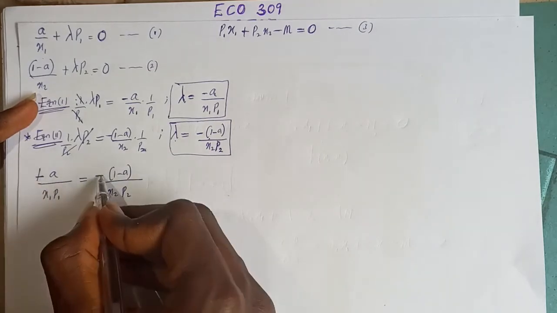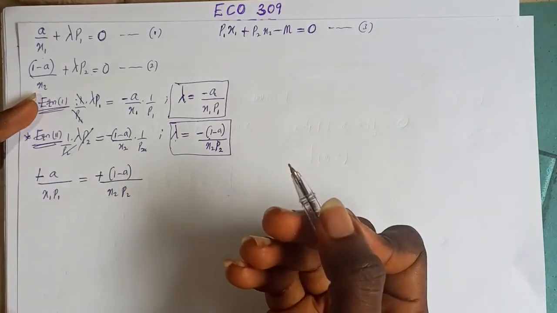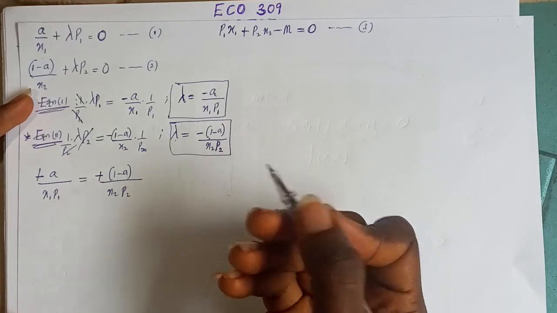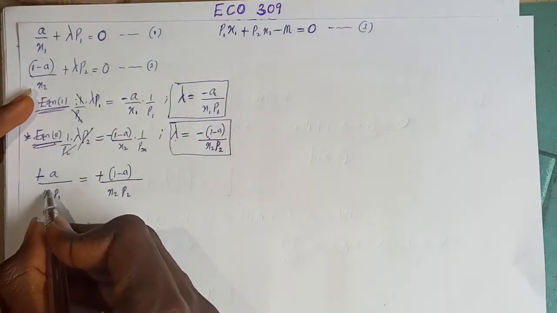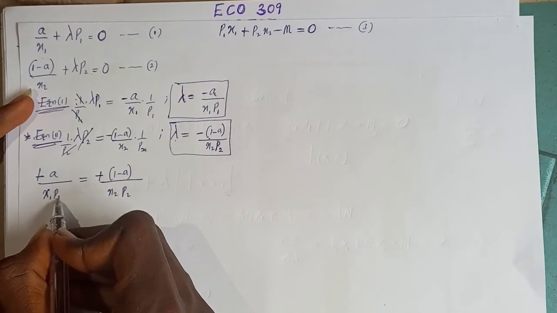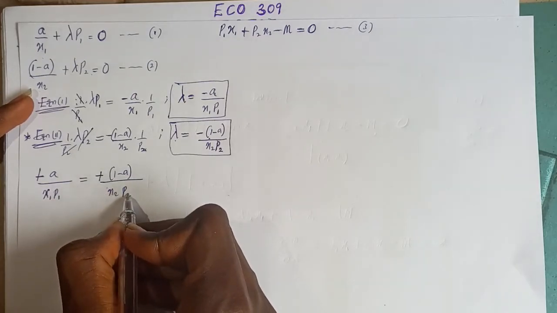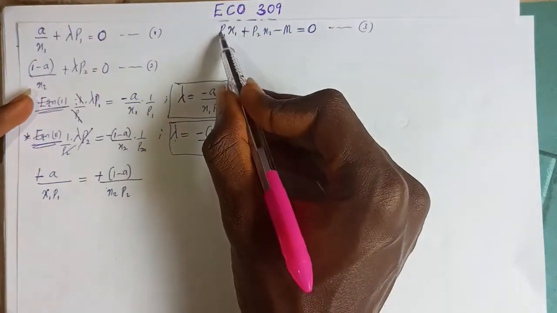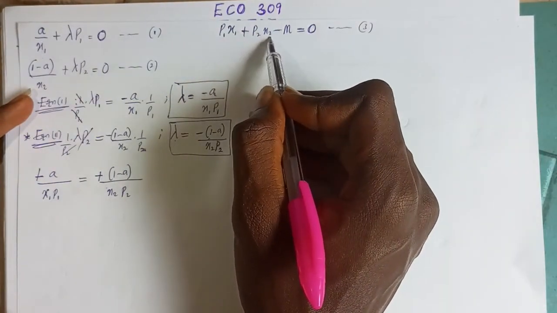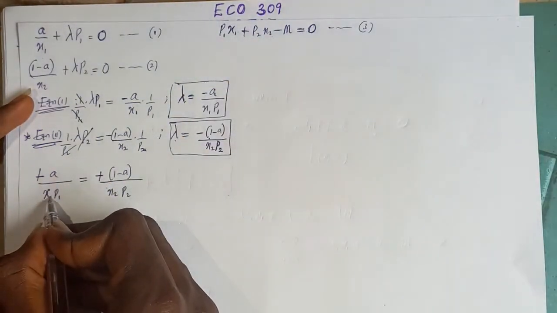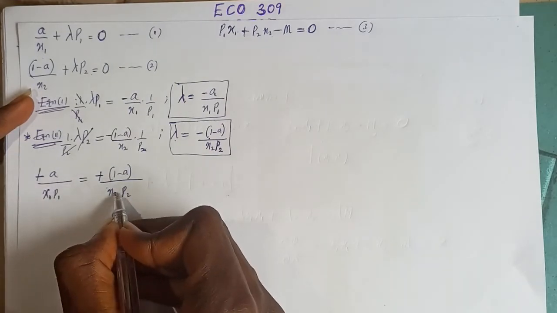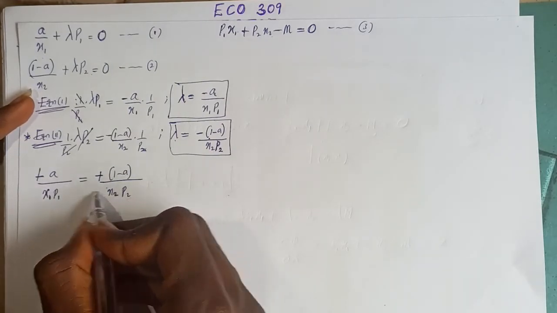Trivially, this will cancel this, right? So since they are both equal, I have x1 p1, I have x2 p2, and at the same time I have p1 x1, p2 x2. So trivially, if I want to find x1, I'll just express x2 p2 in terms of x1.